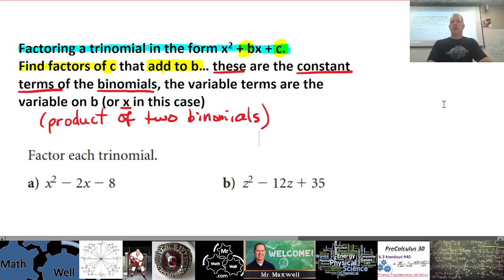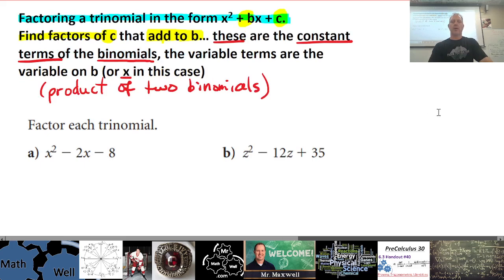All right. So without the help of algebra tiles or the cross-reference chart, we're going to factor these using these steps. Please write this first one down. Factor x squared minus 2x minus 8.